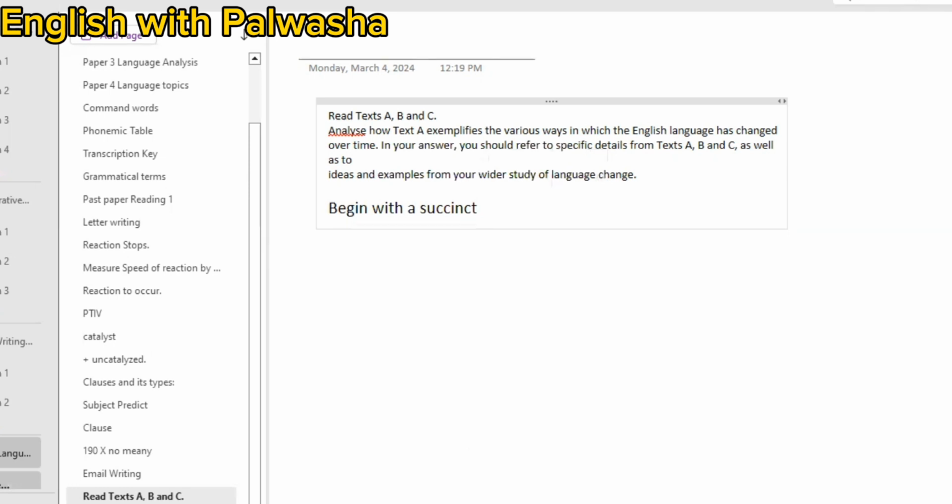A succinct introduction means a clearly expressed introduction, no vague things. Everything should be clear and lucid in it, which identifies the context of text A.